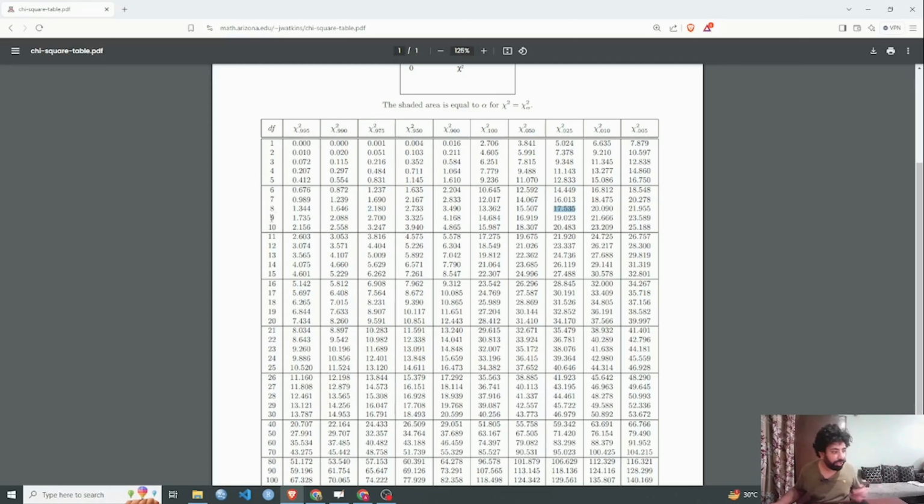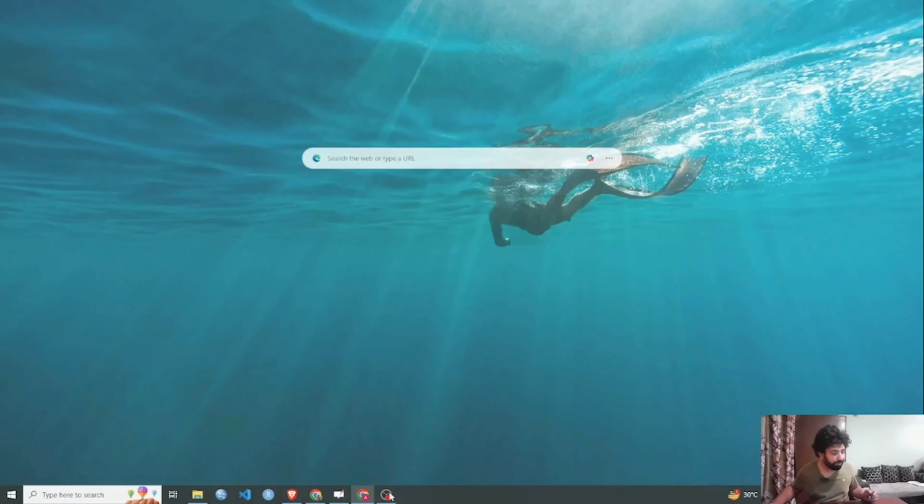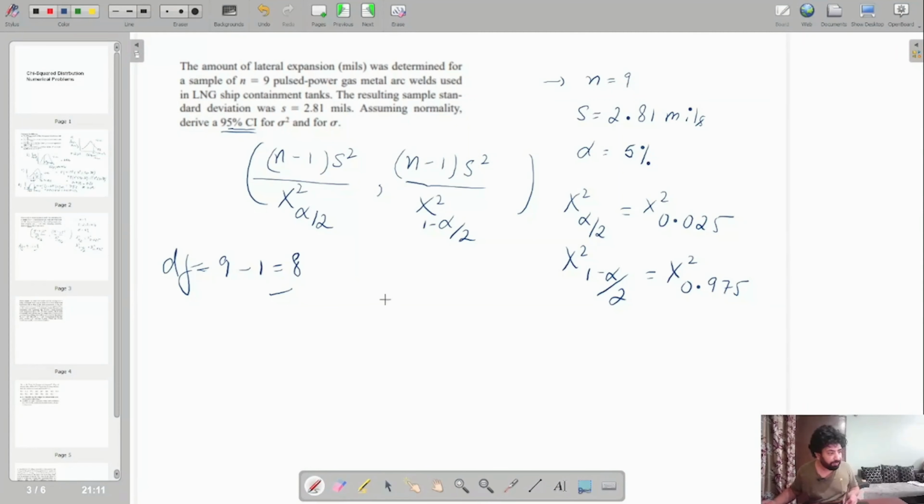So I will go ahead and put these values into the function. This is going to be my n minus 1, which is 8, and here I will have 2.18, and here I will have 17.535, and here I will have 8 into 2.18.